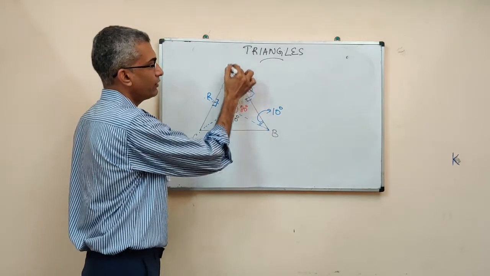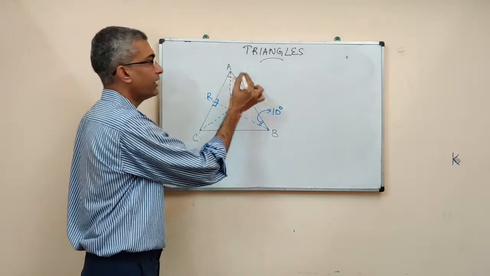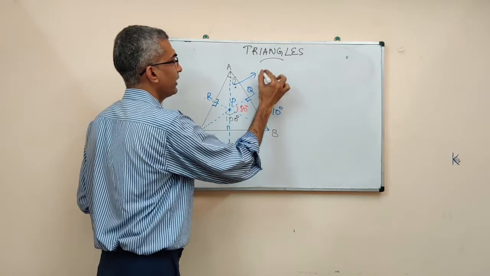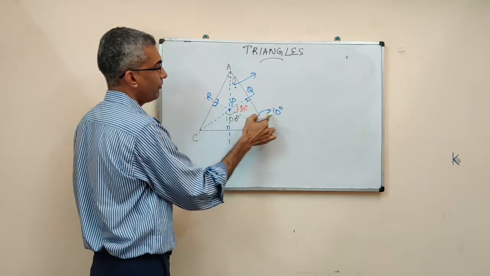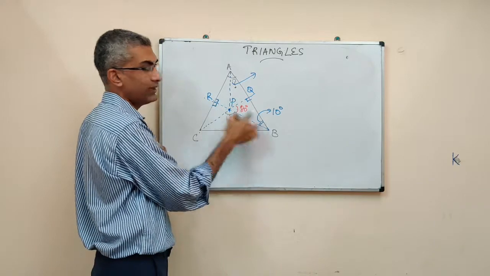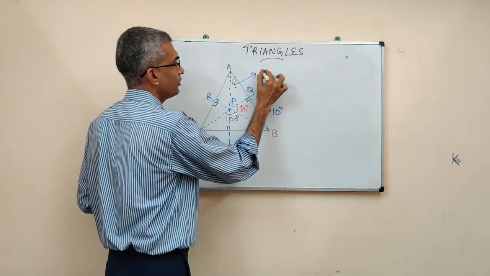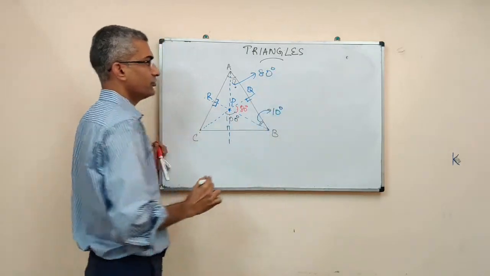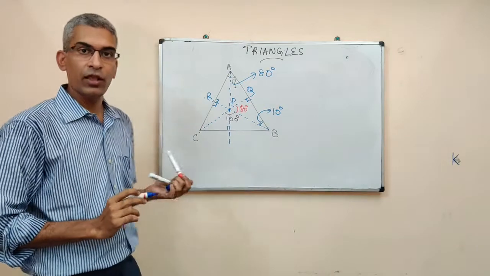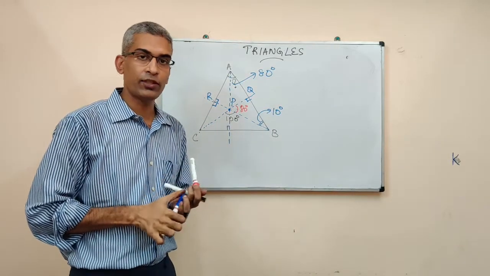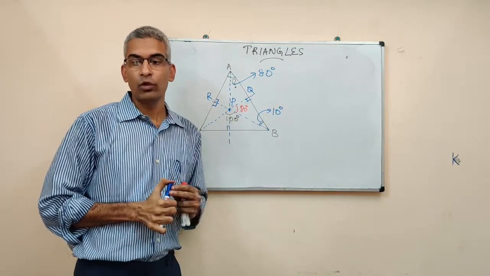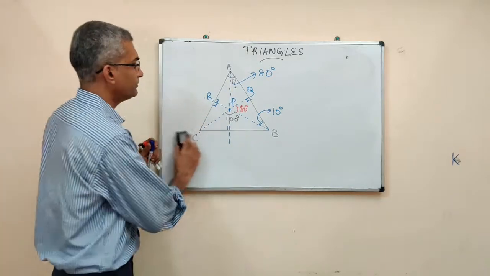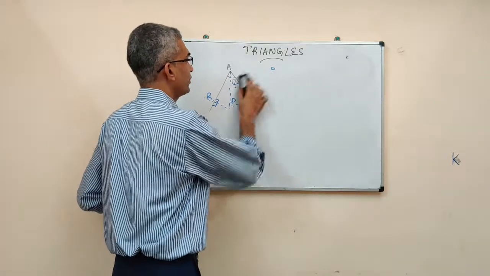So the remaining should come in this angle A. So you find that this angle will be 180 minus the sum of 90 and 10. So this will be 80 degrees. This is how you solve some of these triangle problems. We look at one more triangle based problem before we end this discussion.